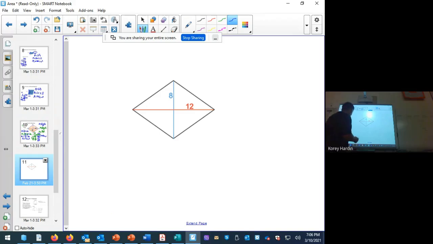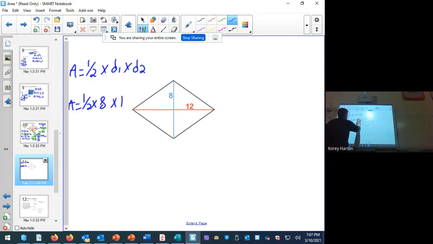All right, so let's work this one out. I'll go ahead and work both ways again. I've got area equals 1/2 times D1 times D2. Okay, so A equals 1/2 times 8 times 12.